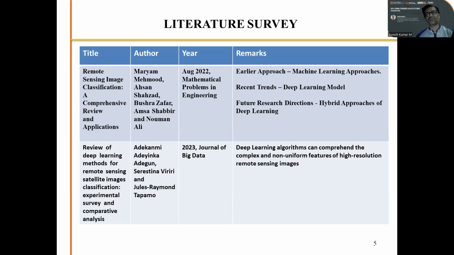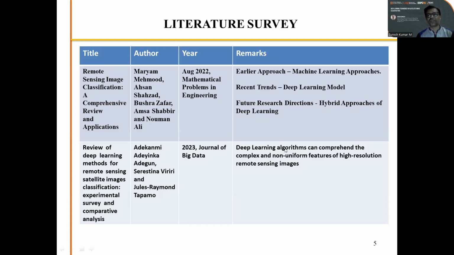Coming to the literature survey, here we can see the first paper, on remote sensing image classification, because that itself is my main topic. The review and applications were given by the first paper, which was published in August 2022 in the Mathematical Problems in Engineering journal.